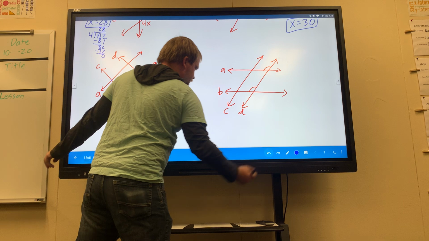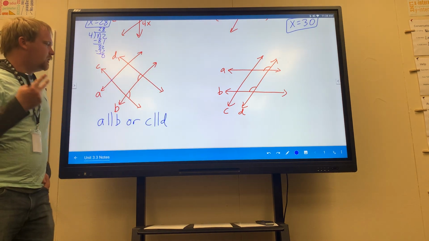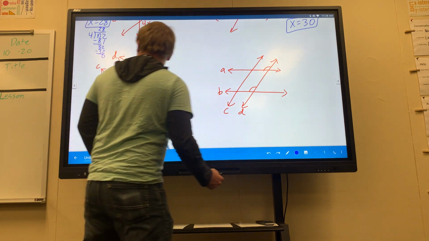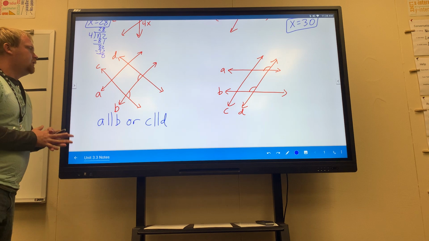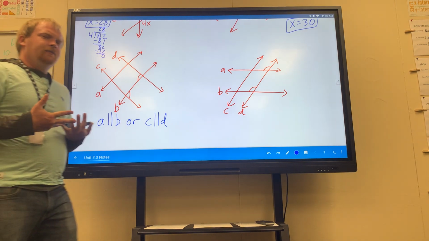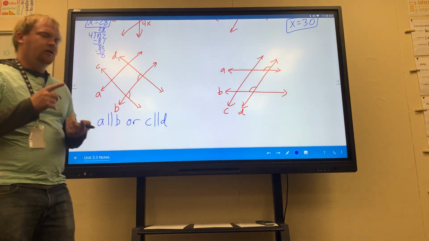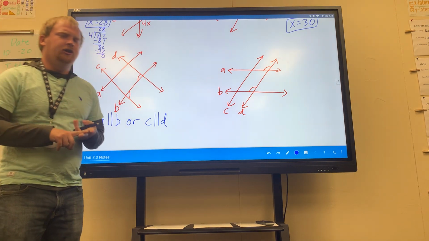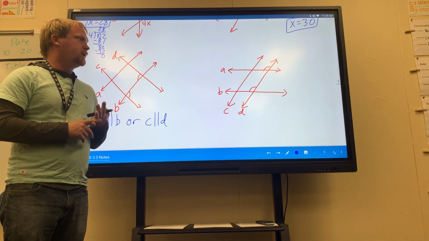So that won't work. So really, I only have two possible pairs of parallel lines. But I just got to identify pairs, either alternate exterior angles, alternate interior angles, corresponding angles, or consecutive interior angles.